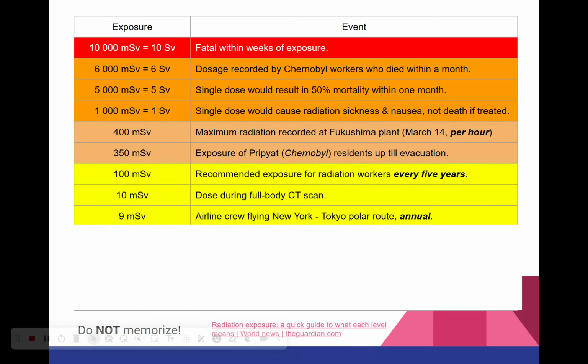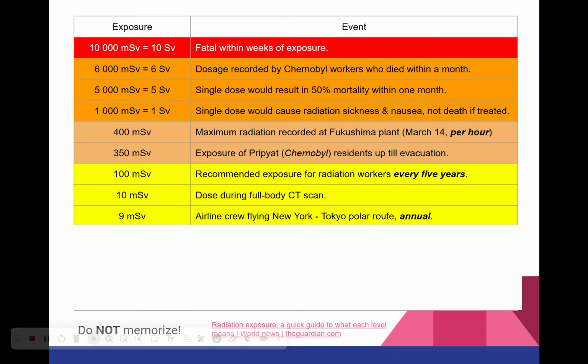Dropping down into the tens of millisieverts. This is where people that work in industries that involve radiation will be exposed to this. And that means that they do have to take into account their radiation exposure and maybe limit things like getting their own x-rays done, because they don't want to just pile on more and more on top of this.